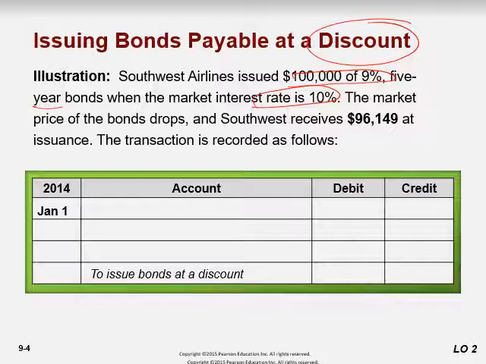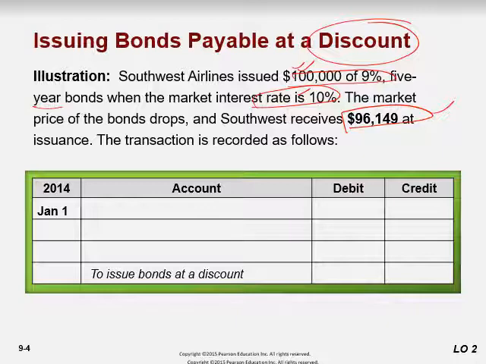The market rate is greater than the coupon rate, which means the demand for the Southwest Airlines bond is going to decrease. So that's why they issued at 100,000 but they received 96,149. Understand? But at the end they have to pay back this 100,000, right?